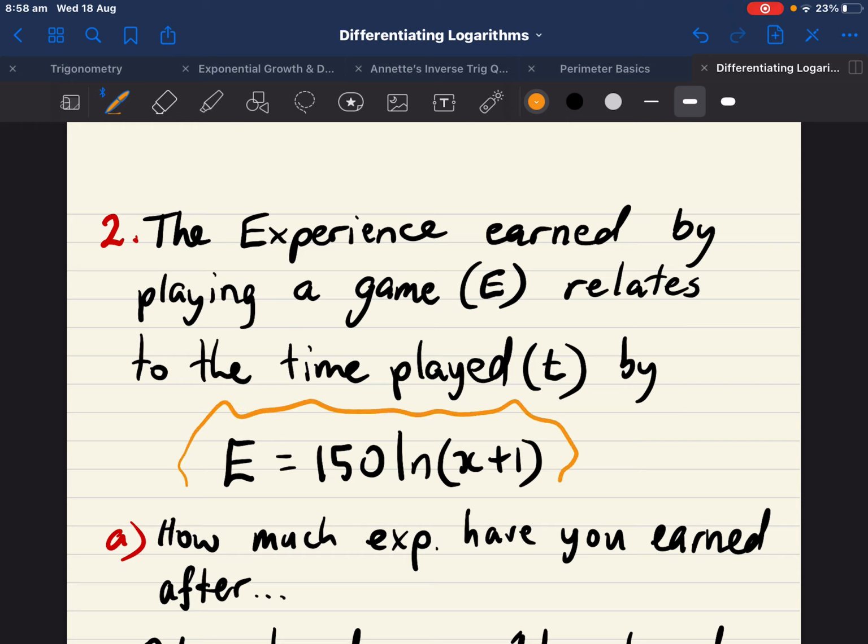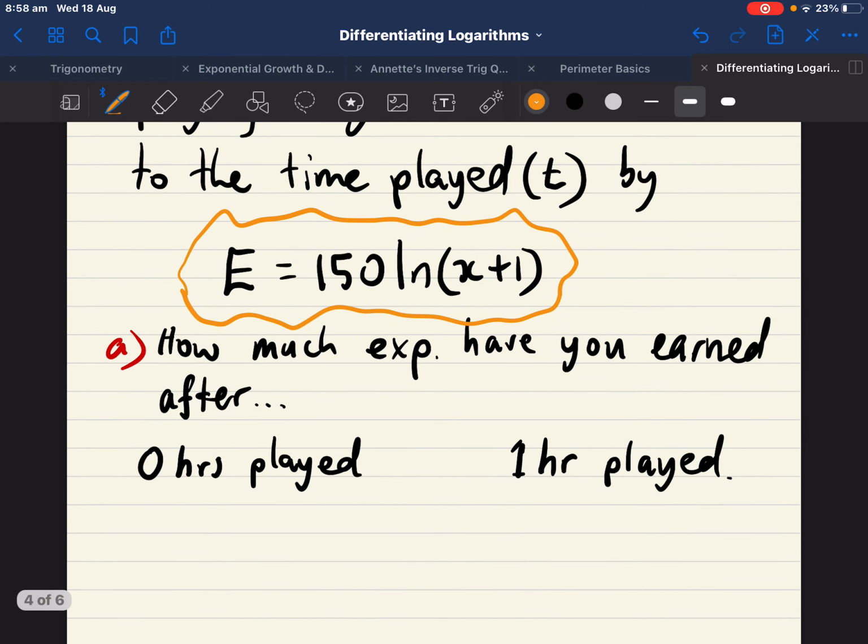Okay, so we've got this equation here. Part A just asks how much experience you've earned after playing for 0 hours. If you've played a game for 0 hours, you can probably guess, but anyway, let's plug it into the formula and see how real life this formula actually is.